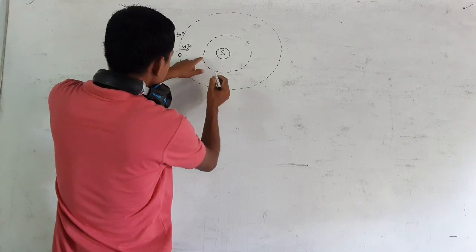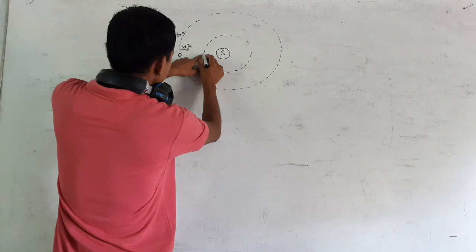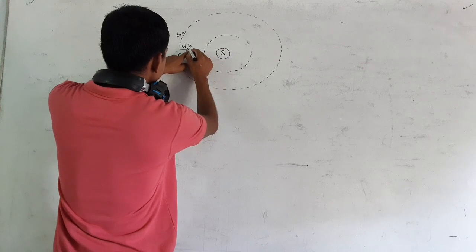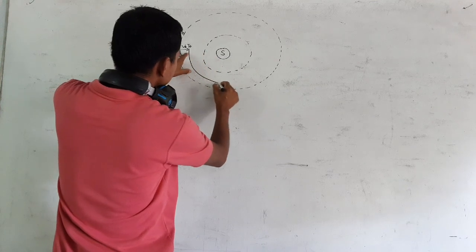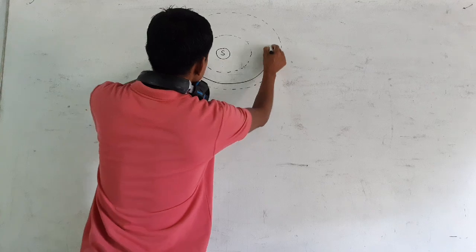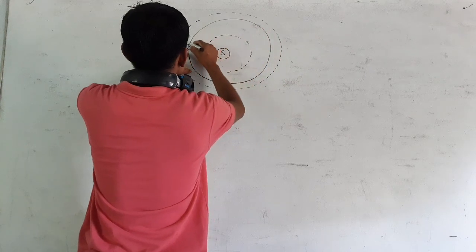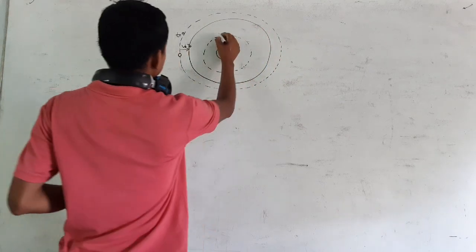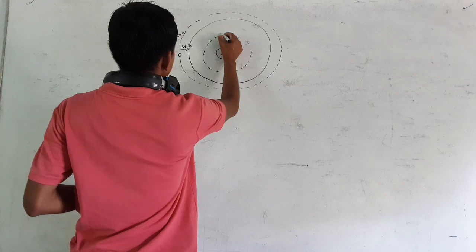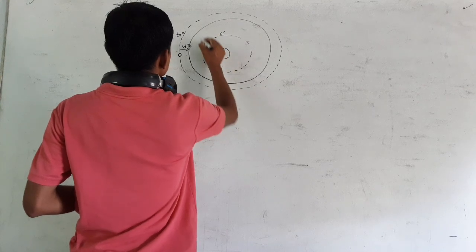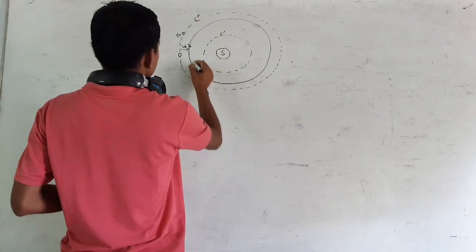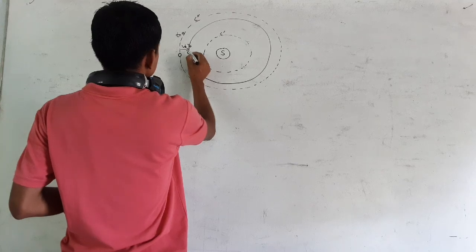And during the observed time period, this compression would have moved up to this distance. And the compression, denoted by C prime, would have made the observer at this distance.